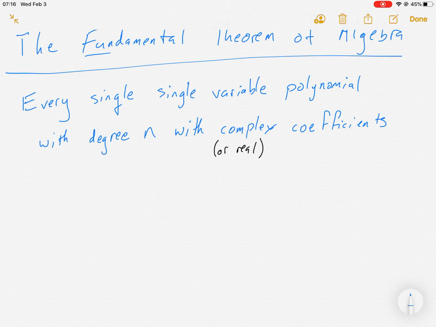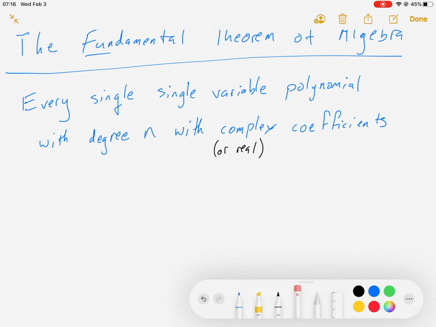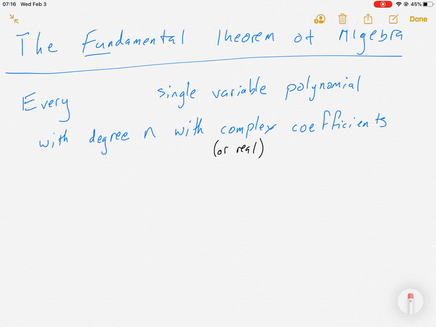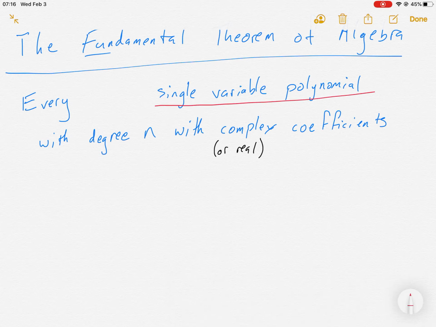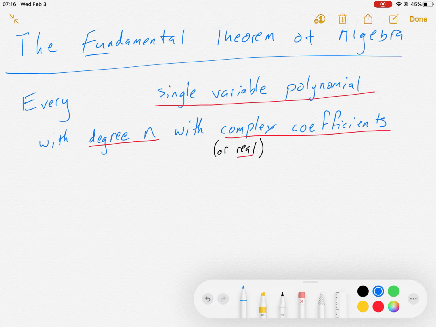So every single variable polynomial, so that's one keyword, with degree n, and it has complex coefficients, or really real coefficients.